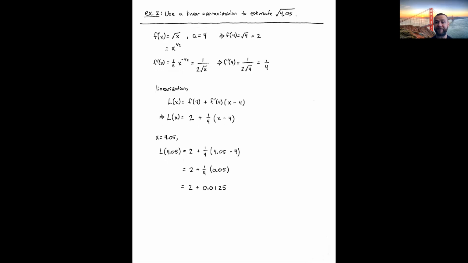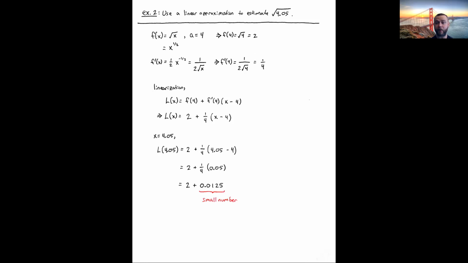That's why I advocated keeping the 1/4 out front, not distributing it. It makes the calculations as simple as possible. If you simplify that, what you should find is 1/4 times 0.05 comes out to 0.0125. And what we get is the answer that we were anticipating, 2 plus a small number.